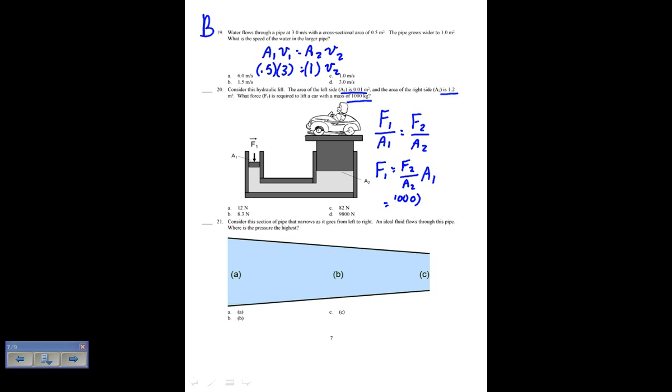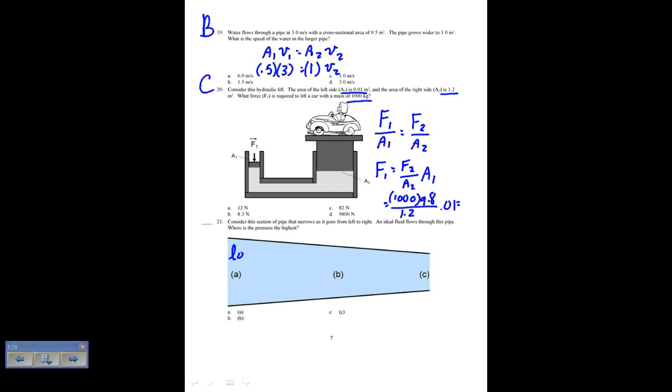F2 is 1,000 times 9.8 divided by A2, which is 1.2, times 0.01. I get 82 newtons. So let's see. Number 20 is C.